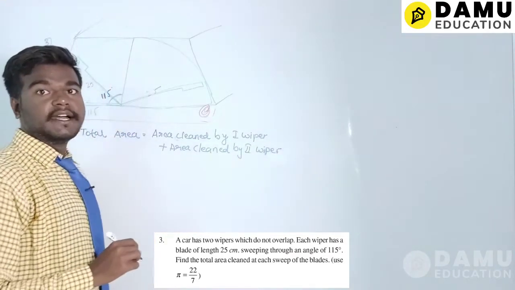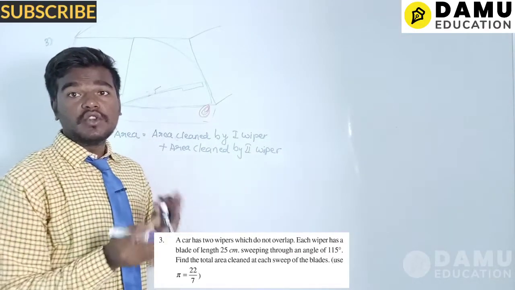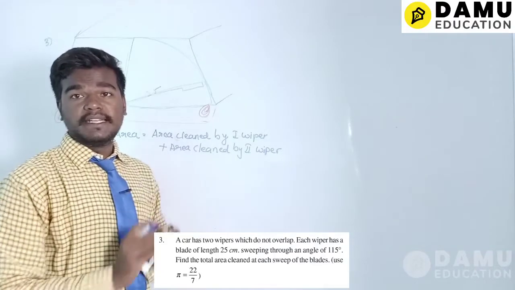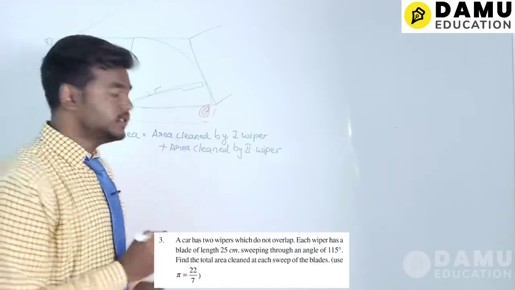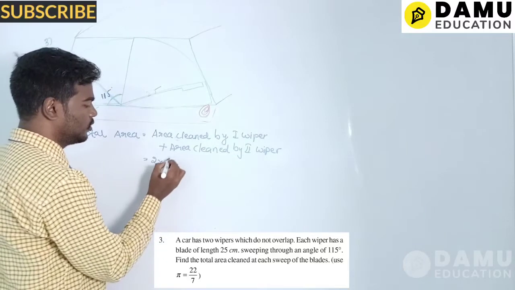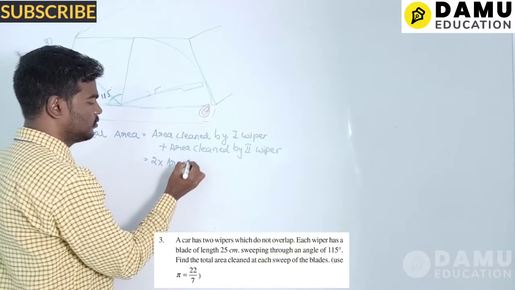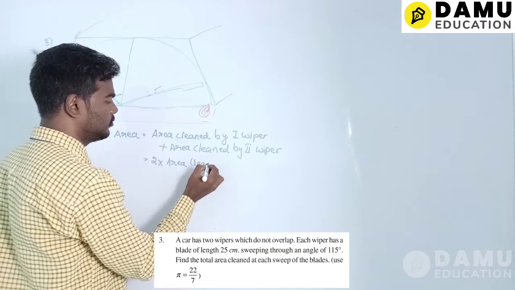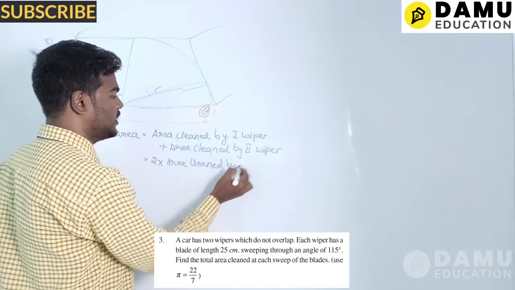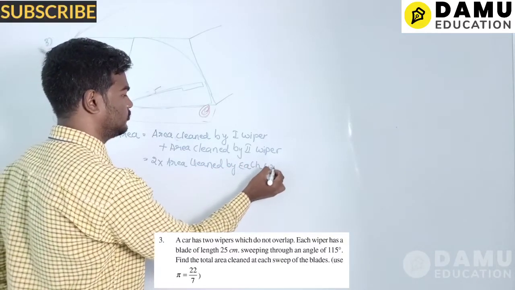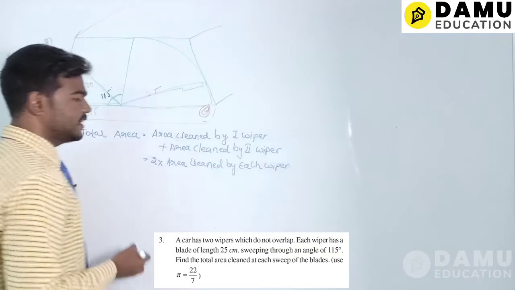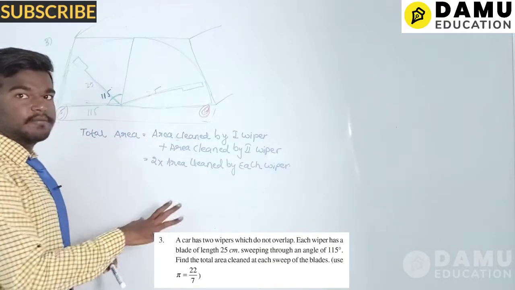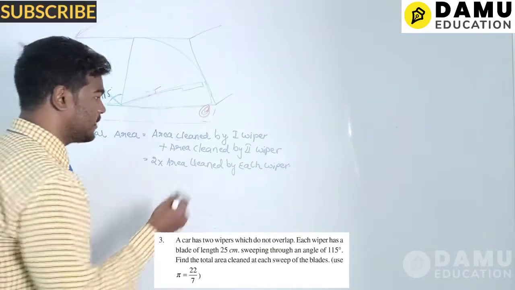Here both blades have the same properties. That means 2 into the area cleaned by each wiper. Can you take it like this or not? Yes, because both are the same. So 2 into the area cleaned by each wiper.